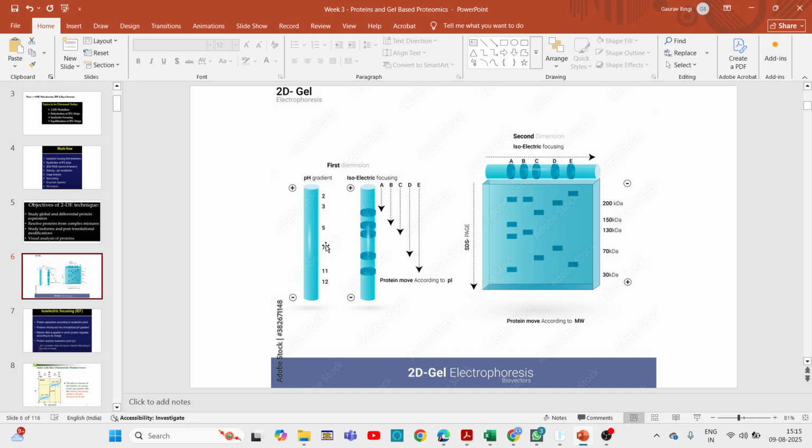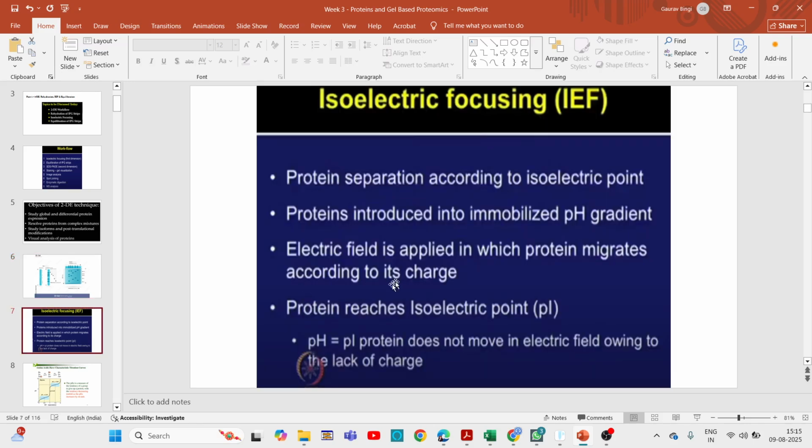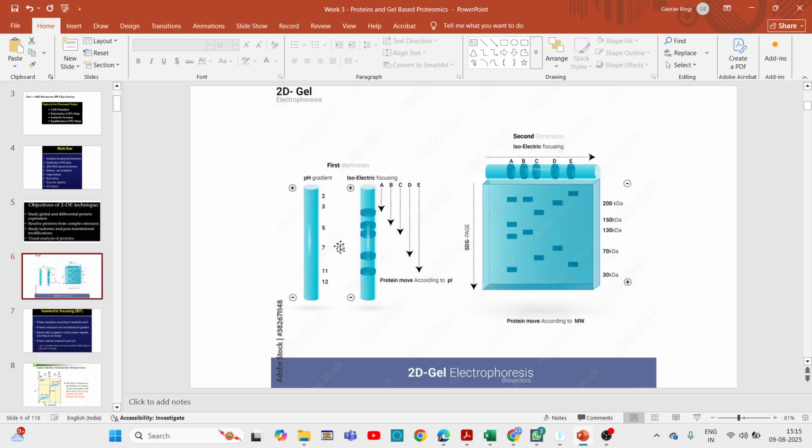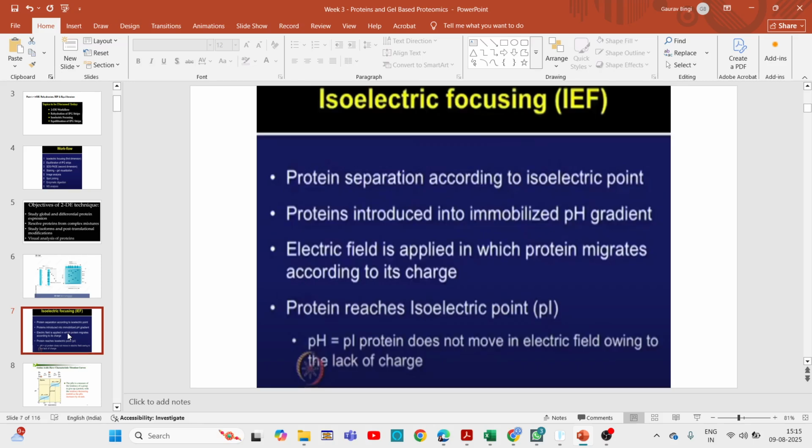You can say 2, 3, 5, 7, 11, 12. So there is a pH gradient basically. That will help the protein as per the pH. As soon as the specific protein reaches its pI value, it will have no charge. So once it has no charge, it will be unable to move ahead. So the protein reaches the isoelectric point, pI, and as soon as it reaches, so what is pI? The protein at its pI does not move in an electric field owing to its lack of charge.